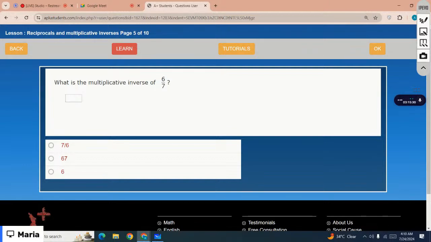That is 7 over 6. Option number 1 is the correct option.